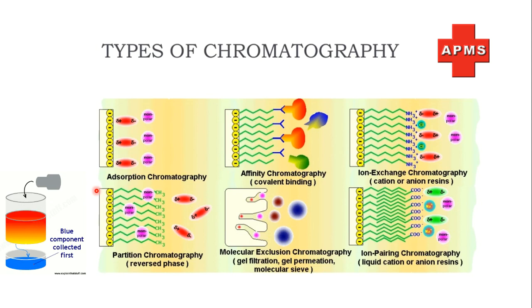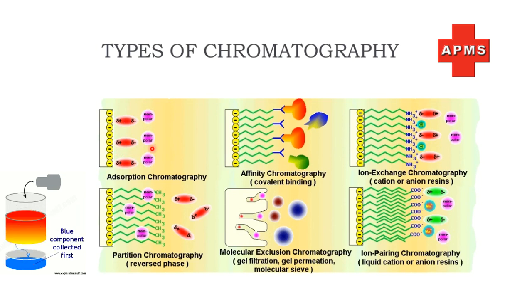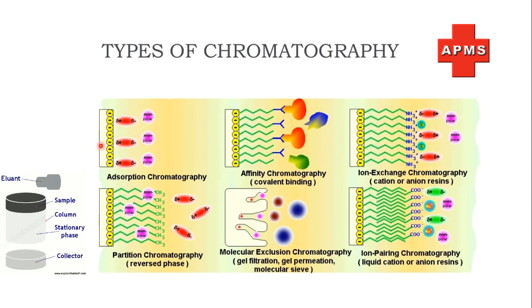So see, in this adsorption chromatography, this portion is a blank portion or space, free space, where the mobile phase with the sample can move, or can go through the channels or pores inside this stationary phase.